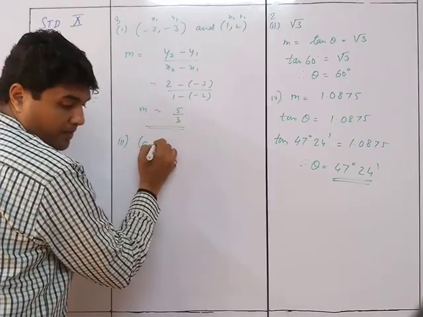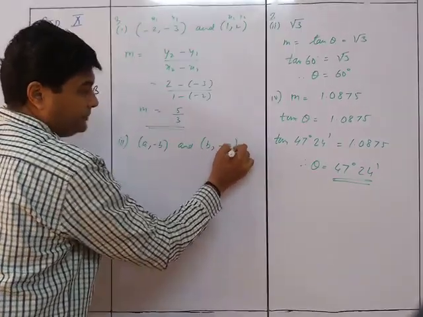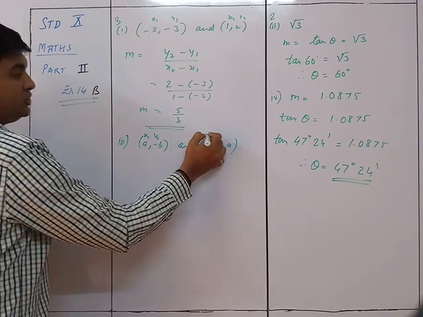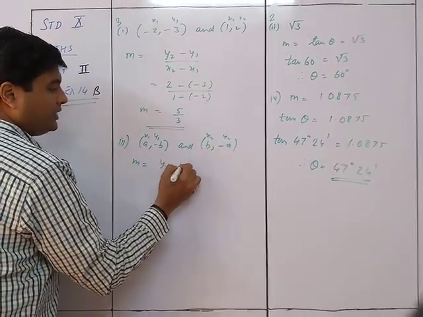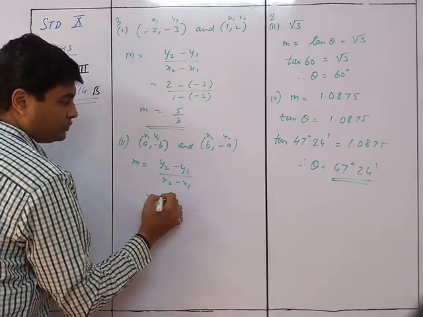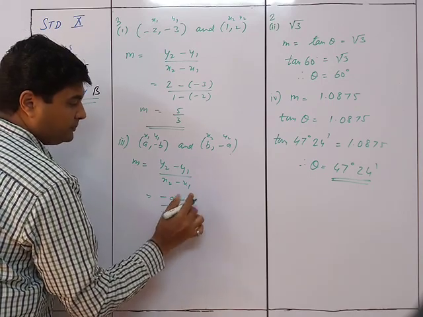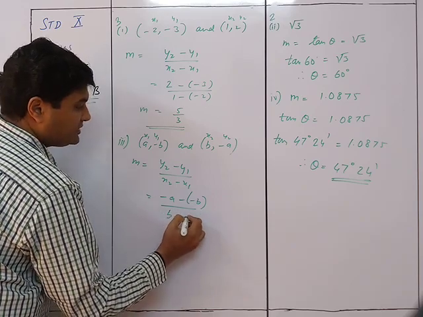We move on to the next. It is a comma minus b, and next is b comma minus a. This is x1, y1, x2, y2. So again we have m is equal to y2 minus y1 upon x2 minus x1. y2 is minus a, minus of minus b, upon it is b minus a.